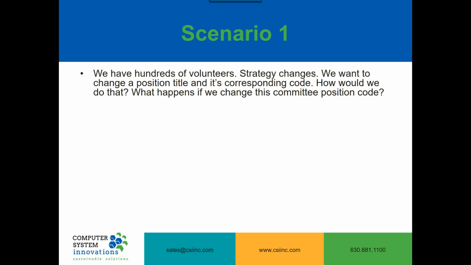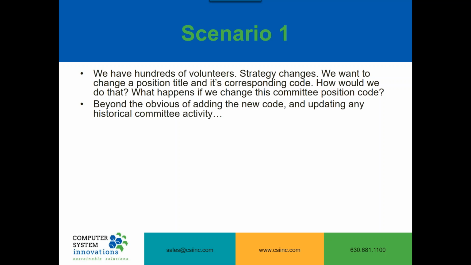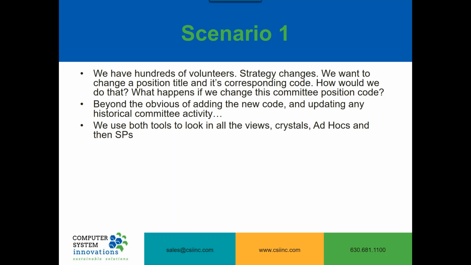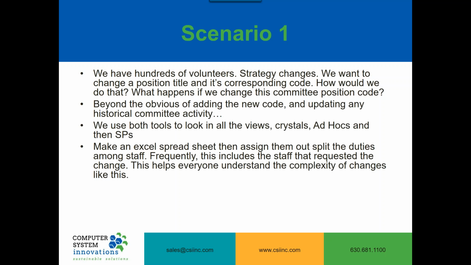And, you know, there's a lot with just changing a simple committee position code. You've got to add the new code. You've got to update the committee activity. That's pretty straightforward. But what about all the views, Crystal reports, ad hocs, and stored procedures? What she does is she makes an Excel spreadsheet by using iDocument, and then she splits out the duties amongst the staff.